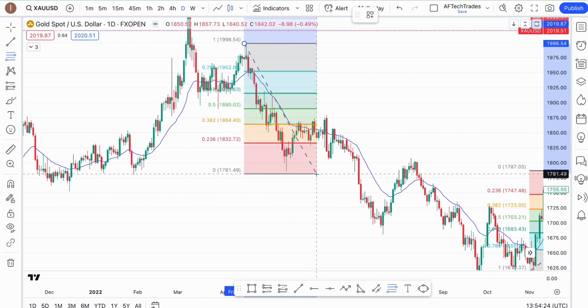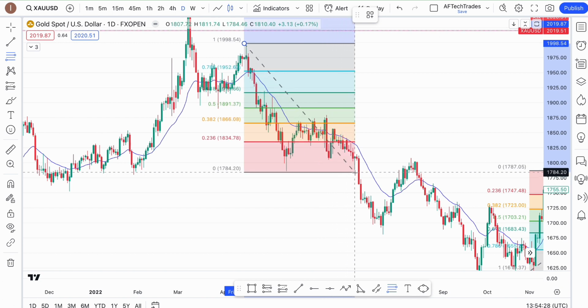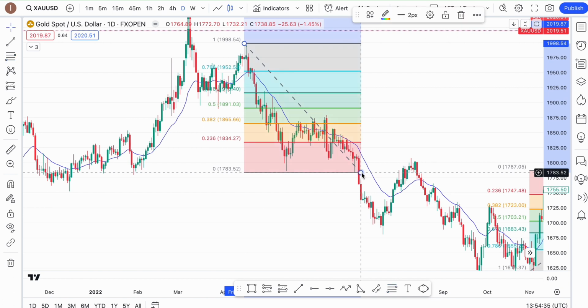Then you drag it down to your recent swing low, which is this, right? So then these are your levels, right? Your 61.8, your 50, and your 38 respectively.